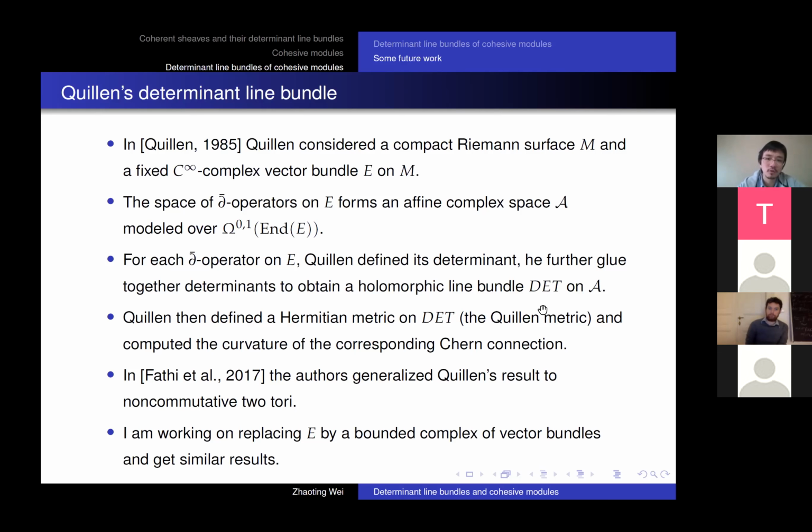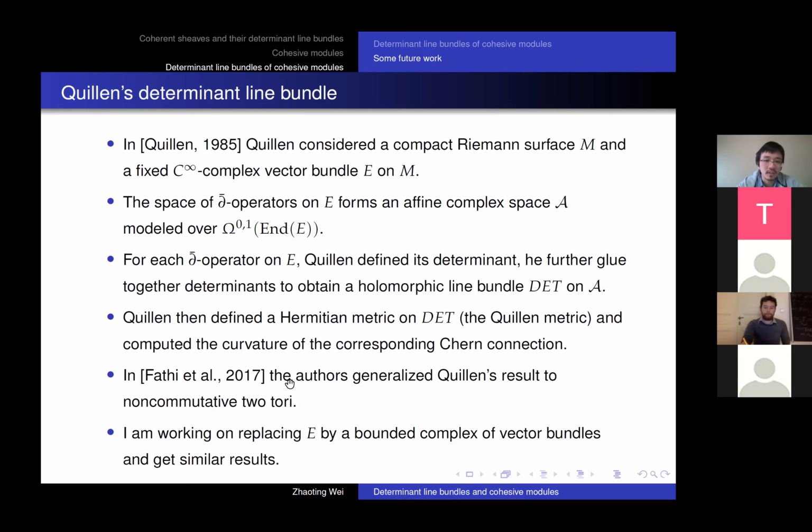Okay, however, Quillen's definition, of course, is commutative geometry. He defined the line bundle locally and pieced them together, and he defined the Hermitian metric locally and pieced them together. He showed that on the overlap of two local charts, they coincide and so on. It's very commutative geometry.